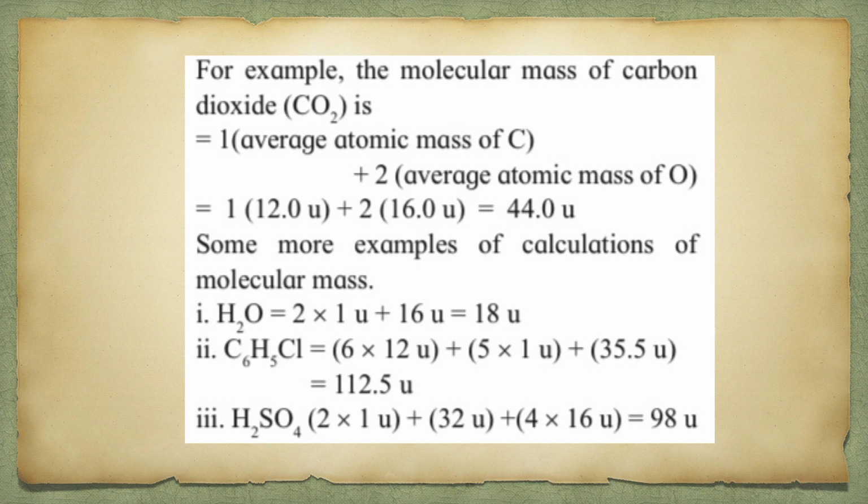So 1 into 12.0 U plus 2 into 16.0 U will give me 44.0 U, which is the molecular mass of carbon dioxide. Similarly, you can carry out the other examples, that is water, C6H5Cl, which is chlorobenzene, and H2SO4, that is sulfuric acid. In a similar way you can do it.